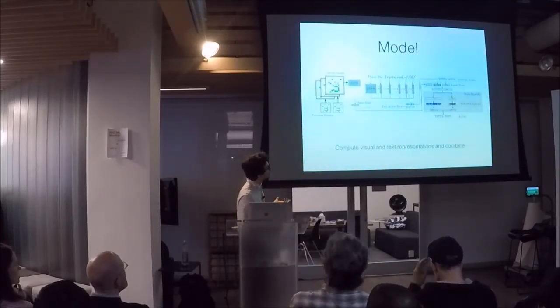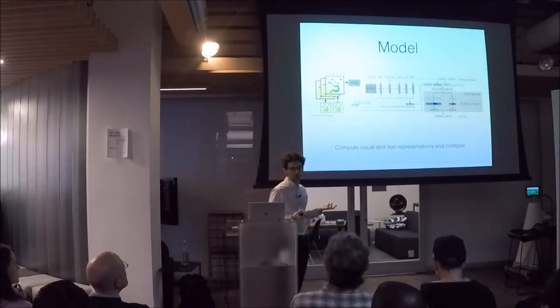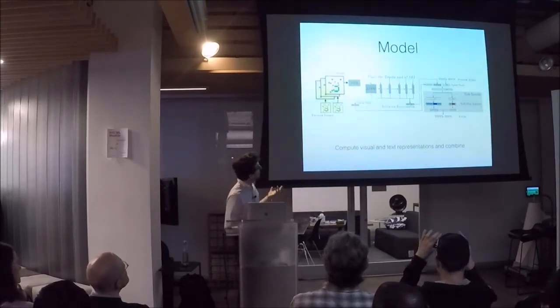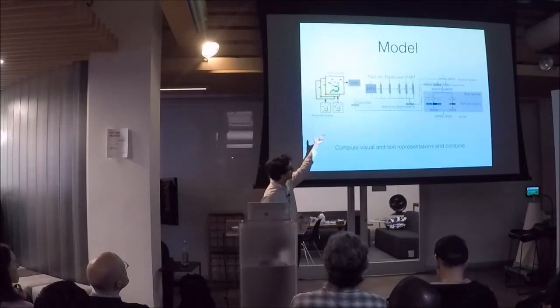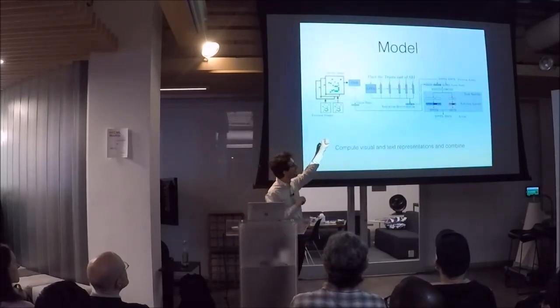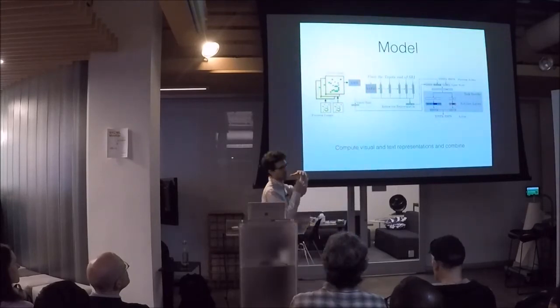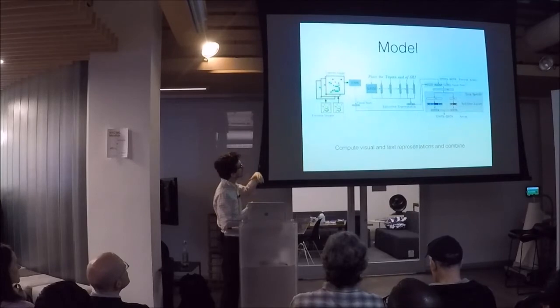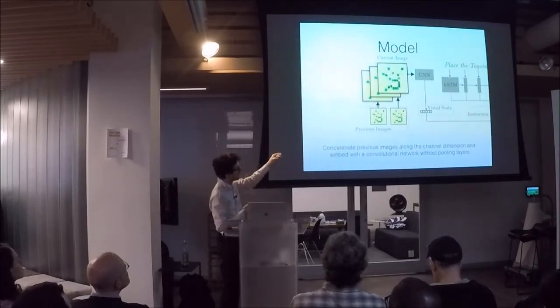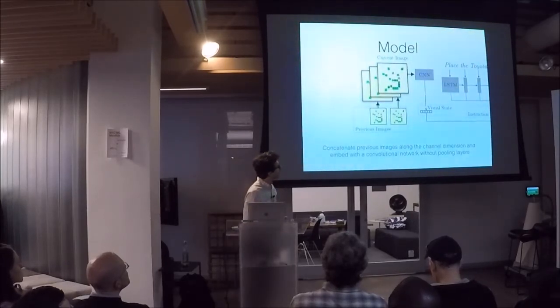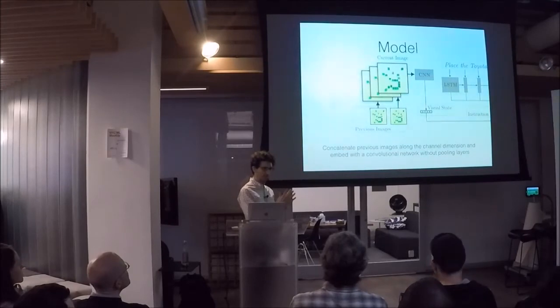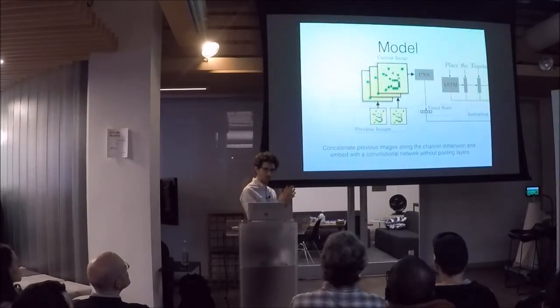And this neural network is going to be a very simple model. Our model creates a representation from the images that it observes of the environment. It creates a representation of text, and then it combines them together to decide what action to take. To process the observed images, we concatenate several images to give the agent some kind of idea of history.